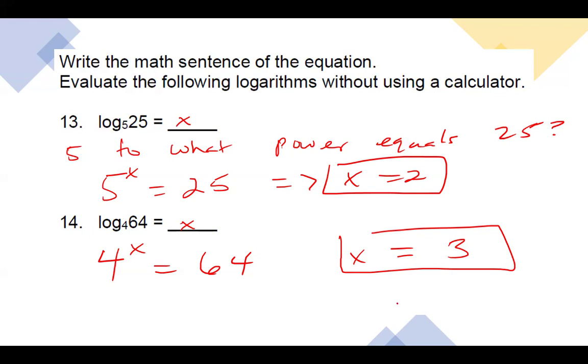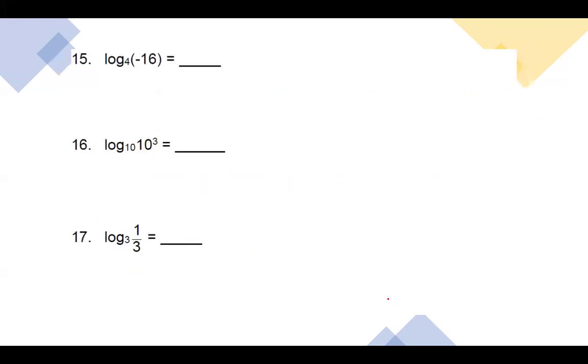All right, let's try this one. So again, imagine that this is unknown, so we're going to put x. You're asking yourself, 4 to what power equals negative 16? And your cell should say, red flag, red flag, red flag. Why is it a red flag? It's negative.